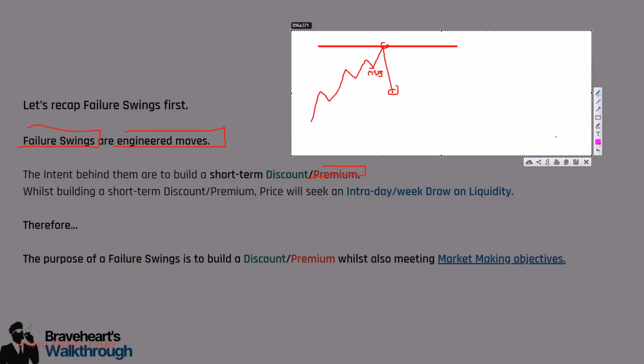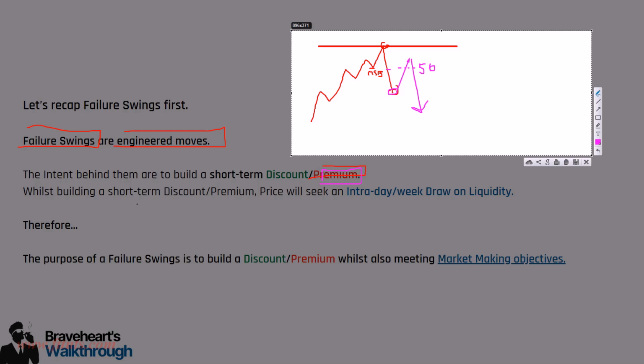So we're going to view this retracement into a premium, which is above 50% of this range. This move is a failure swing, okay? Because it's designed to fail in the future, following the narrative of the long-term high. The intent of this failure swing is just to build a premium market, so go above the 50%, okay?